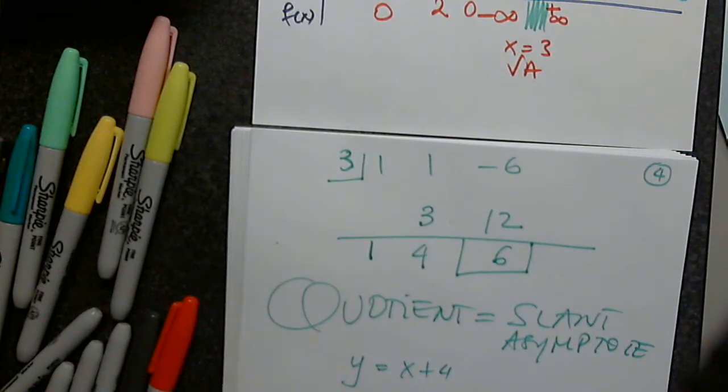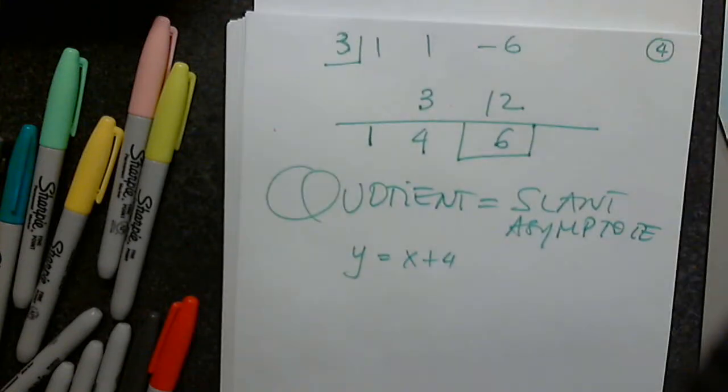Now, how do I graph this? Is it with a positive slope or with a negative slope? Right. So that would be the end behavior of the function. The function must follow the slant asymptote like it did with the horizontal one.